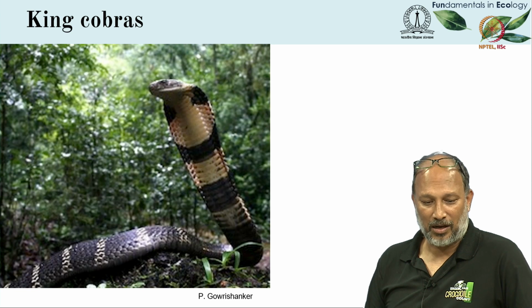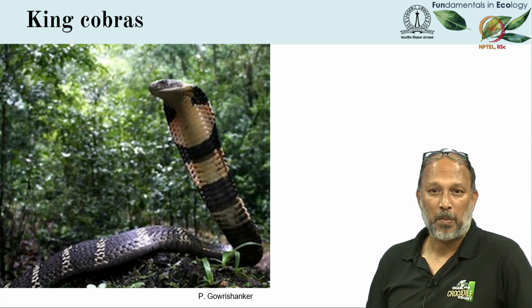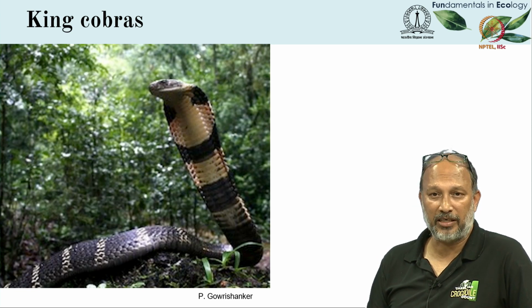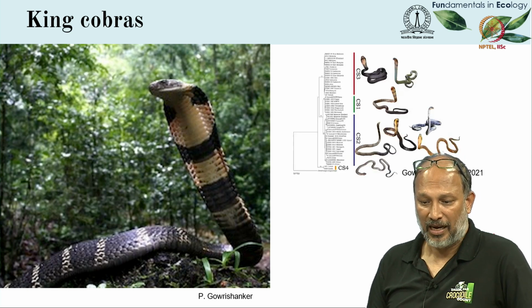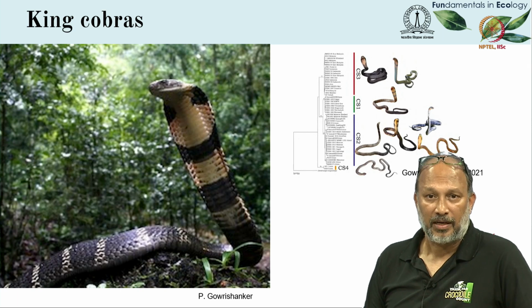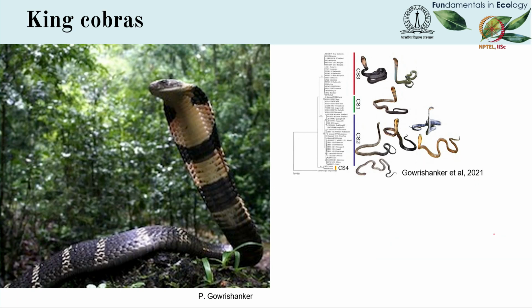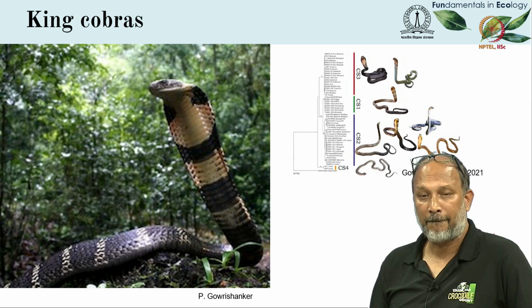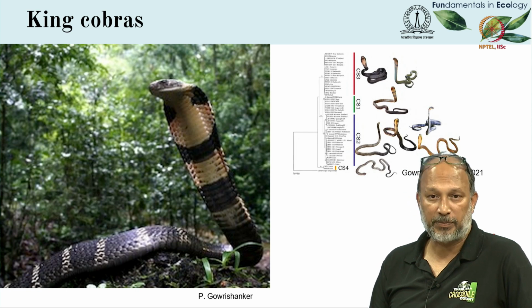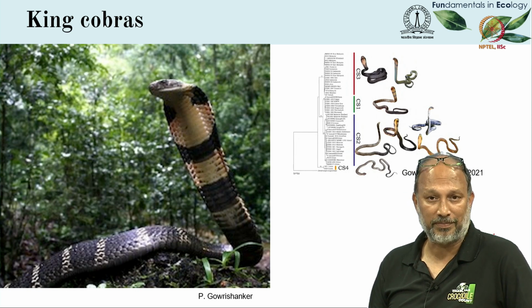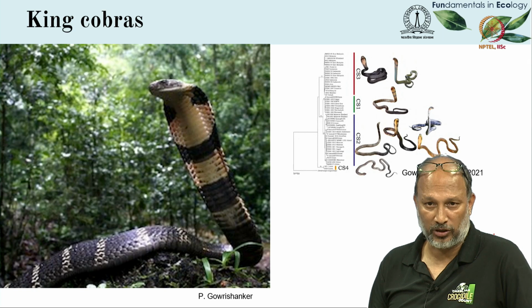And king cobras, which are distributed all the way from the Western Ghats in India to the Philippines, and that for close to 200 years have been thought of as a single species, have very recently been classified into 4 different evolutionary groups on the basis of genetic data, and subsequently into 4 named species on the basis of morphology and geography as well.